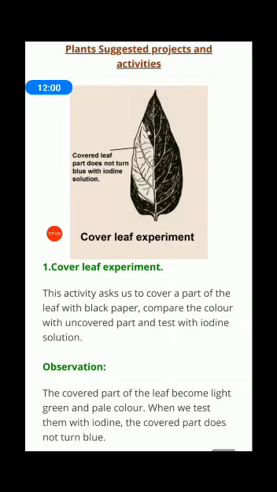Observation: the covered part of the leaf becomes light green and pearl color. When we test it with iodine, the covered part does not turn blue.